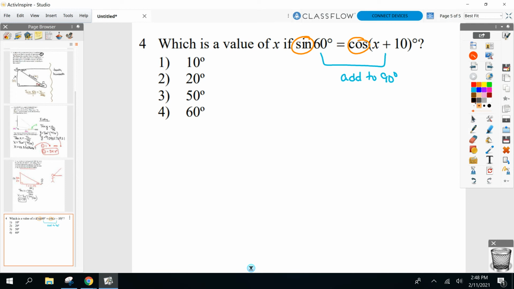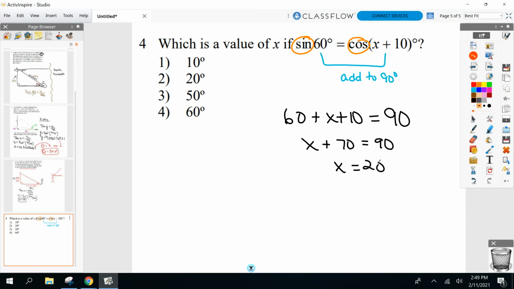So I take my 60-degree angle and my x plus 10 angle, add them together and say, hey, I know those two have to add to 90 because that's the only time sine and cosine are equal. So I got x plus 70 equals 90, x equals 20.